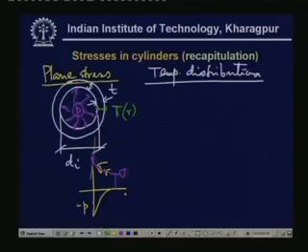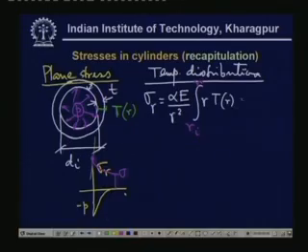Now, if throughout the thickness it varies, and then if we use again the plane stress considerations, then sigma r is given by alpha, the coefficient of thermal expansion, which is known, over r square, then the integral from the lower limit Ri to the upper limit R, that is the value where we are interested in, of r T as a function of r dr, and there it is a minus sign.